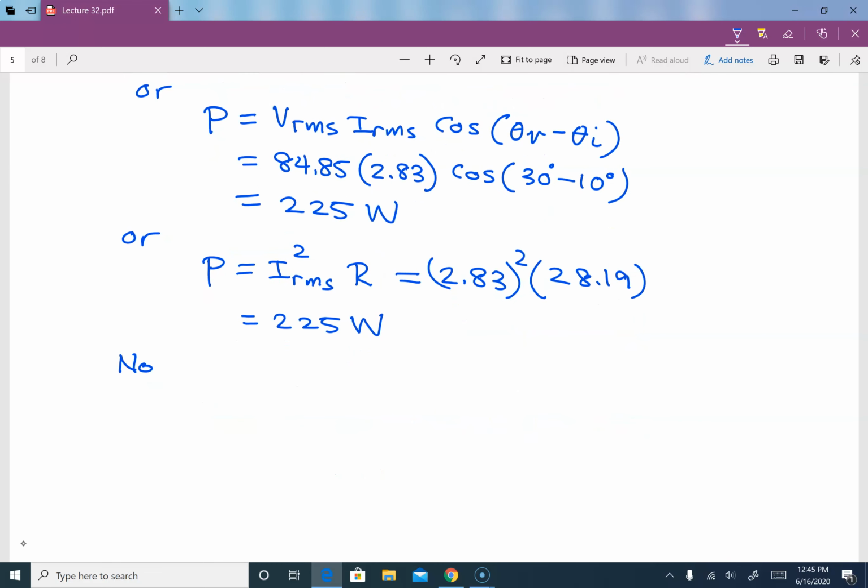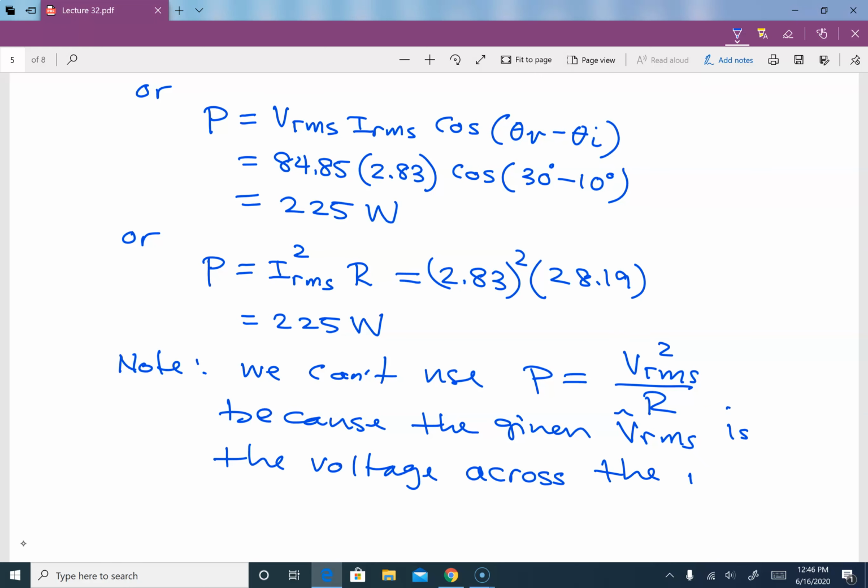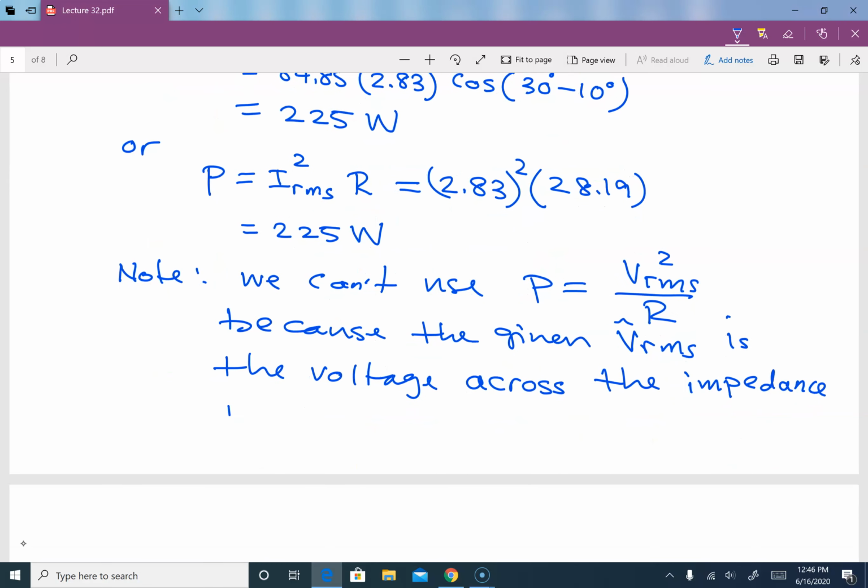And here note, we cannot use P is equal to VRMS squared over R, because the given VRMS is the voltage across the impedance, not across the resistance.